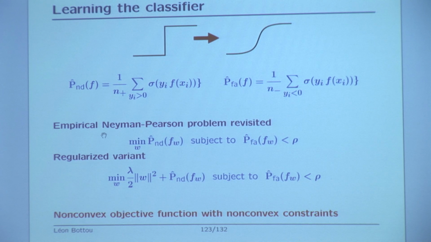And you can add a regularization term if you want. And there are some studies showing that this is actually reasonable, except that you have a non-convex objective function with non-convex constraints. And that looks bad. Except that sometimes it's good not to know that it looks bad, because it's not that bad.